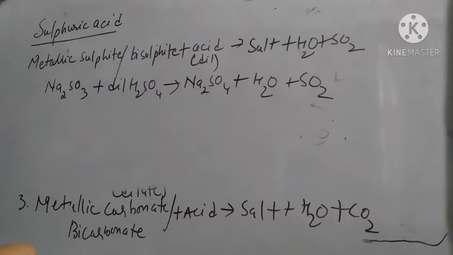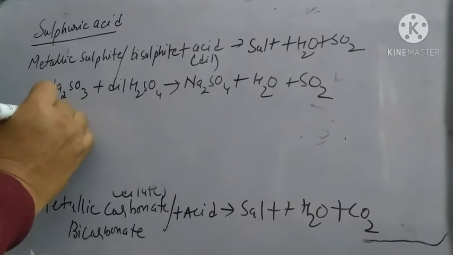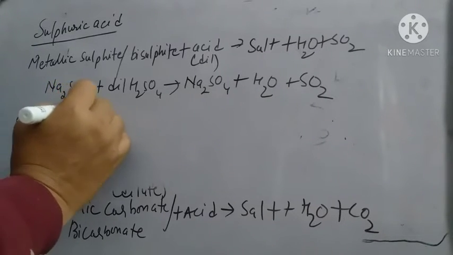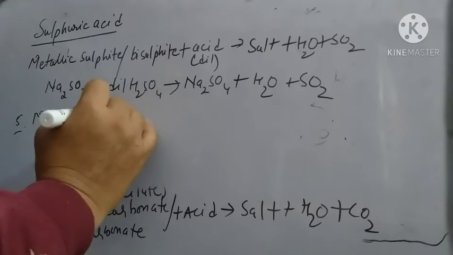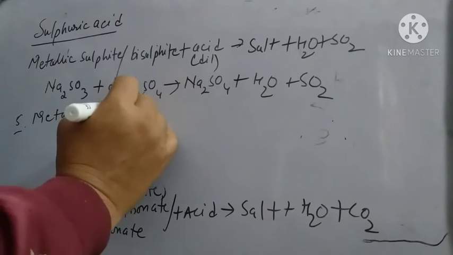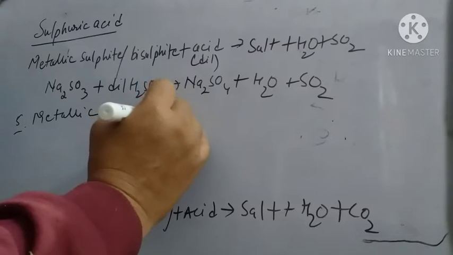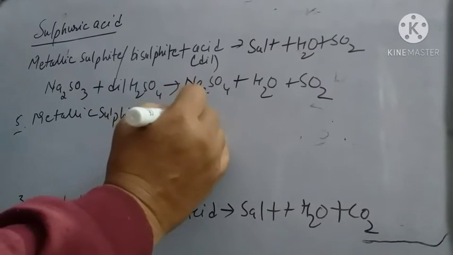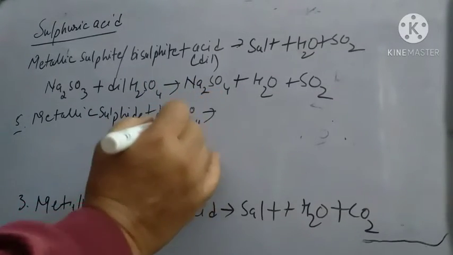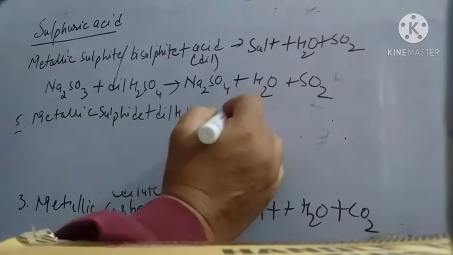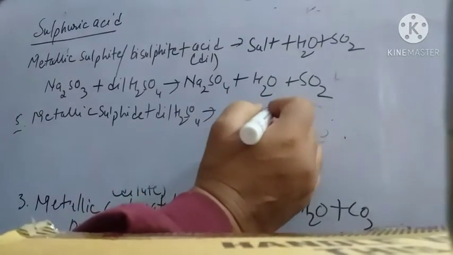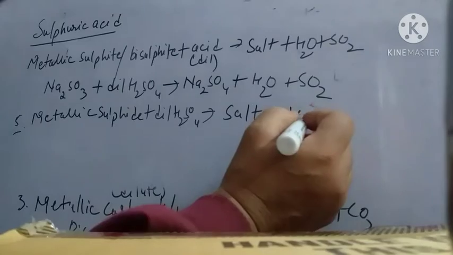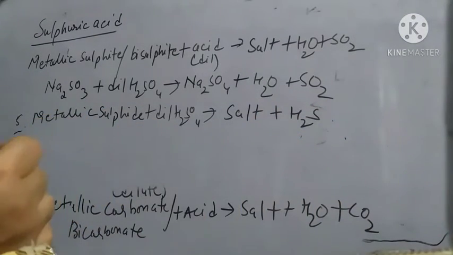So now the next, number 5, is metallic sulfide plus dilute sulfuric acid. It will give the first product as salt and the second product as hydrogen sulfide gas.